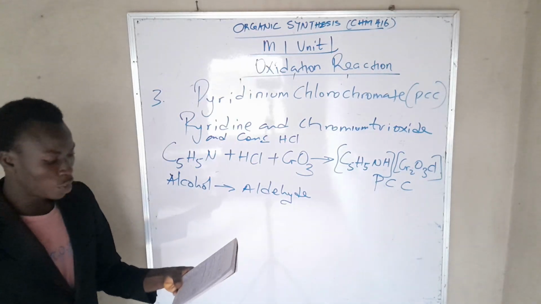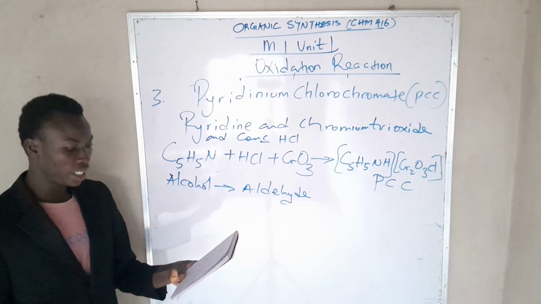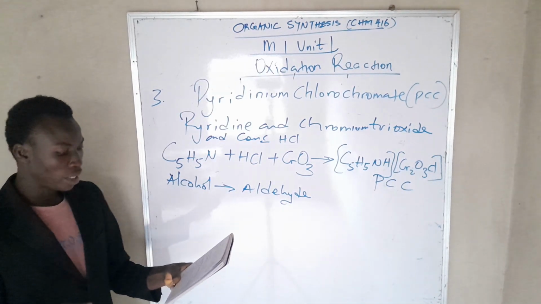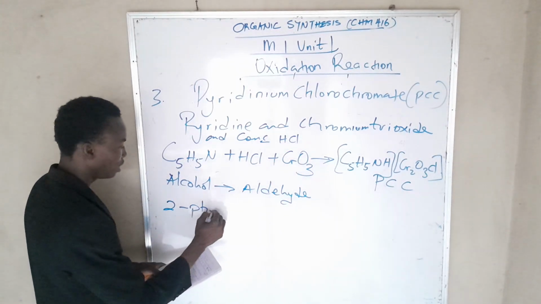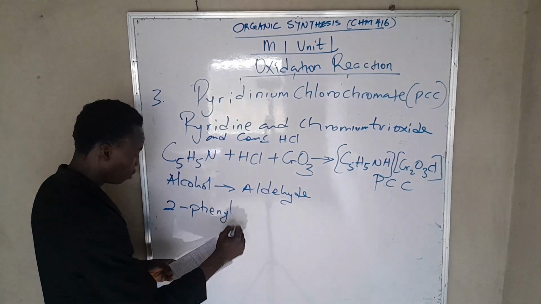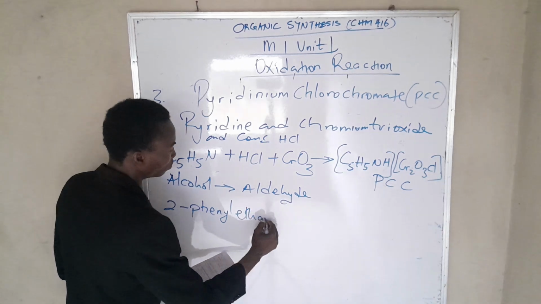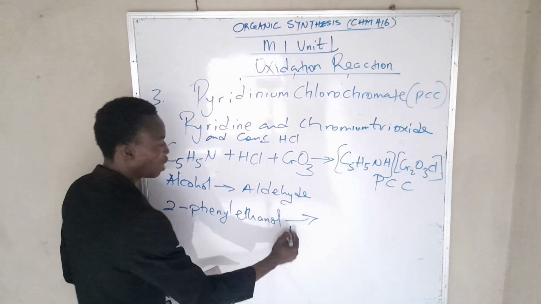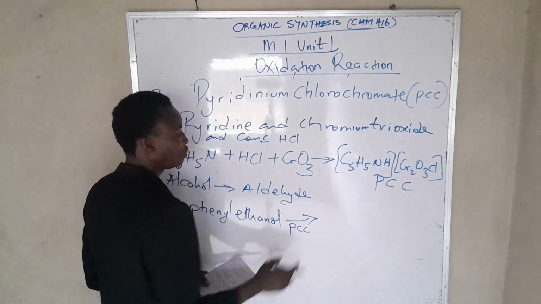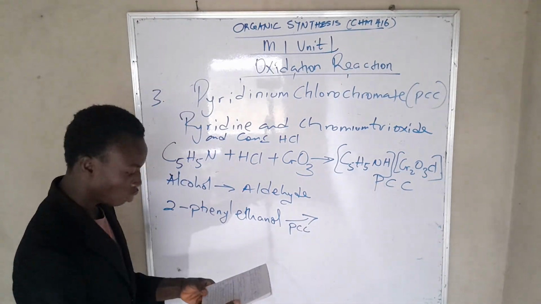Now with respect to that, if you want, for example, 2-phenyl ethanol, it can easily produce phenyl acetaldehyde with the help of PCC.